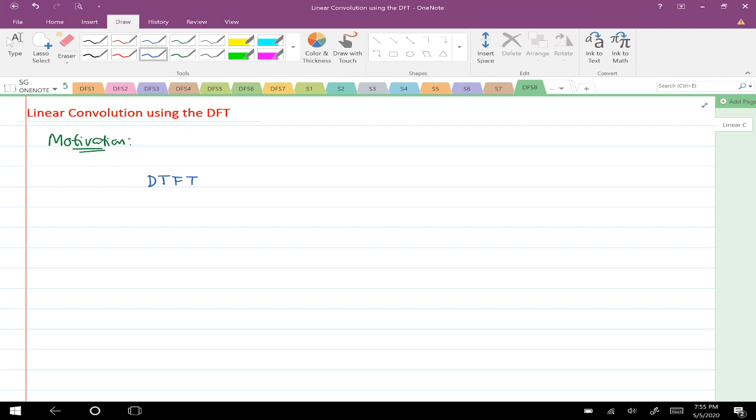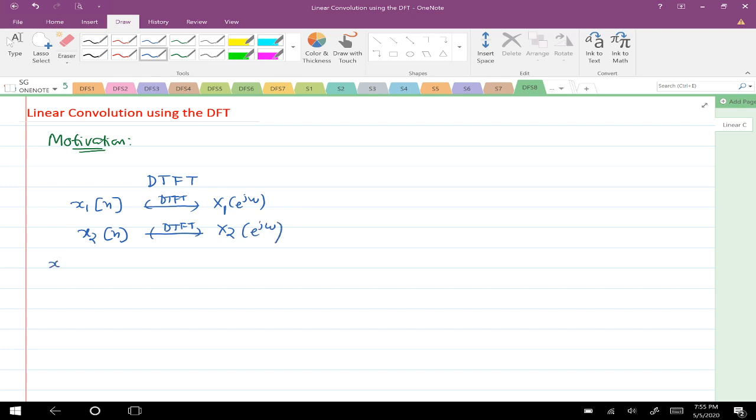Okay, so let's say I have a finite length sequence x1 of n, whose DTFT is X1 of e power j omega. Since it is x1, let me call it x subscript 1. Similarly, let there be another sequence with which I would like to convolve the above one, x2 of n. Let's call the discrete time Fourier transform of it X2 of e power j omega.